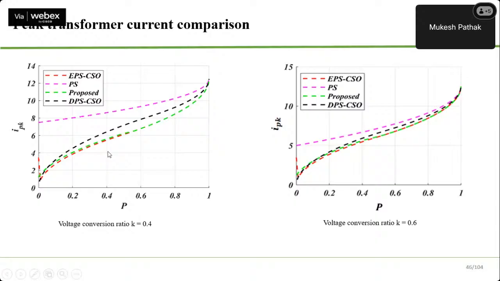This is the peak transformer current comparison as compared to the existing ones, EPS, SPS, and DPS. This proposed strategy gives much lesser peak current for different conversion ratios, and similarly this is the peak current for different power ratios.